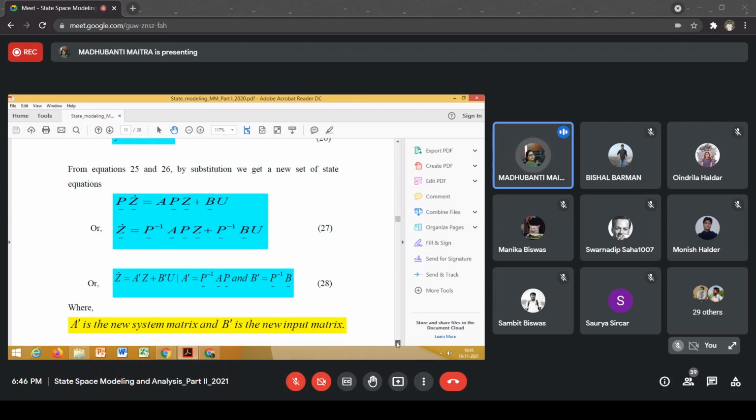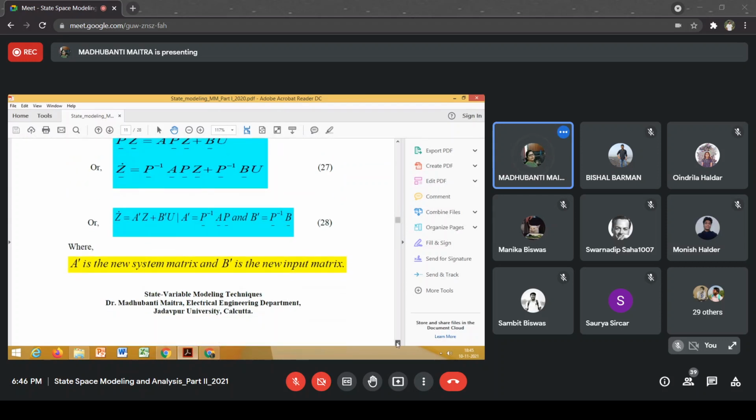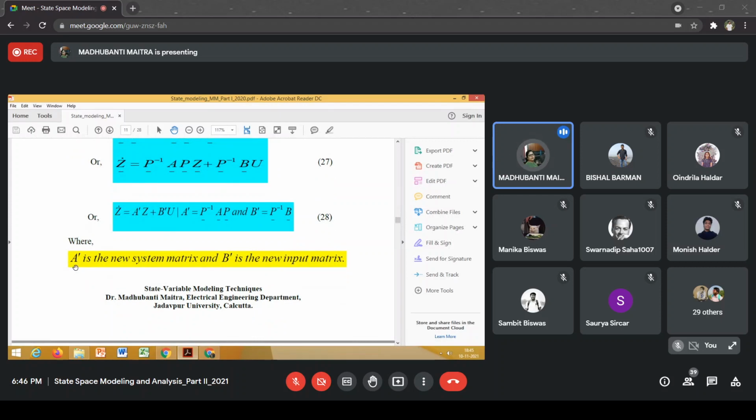Now what will happen to the output equation? So here naturally A dashed is the new system matrix and B dashed is the new input matrix.